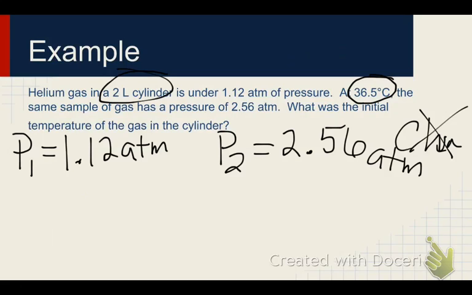Do you think it belongs with the 1.12 atmospheres or the 2.56? All right, very good. It actually belongs to the 2.56, okay? So remember, it says at 36.5 degrees, the sample of gas has a pressure of 2.56. So it's not T1, it is T2.